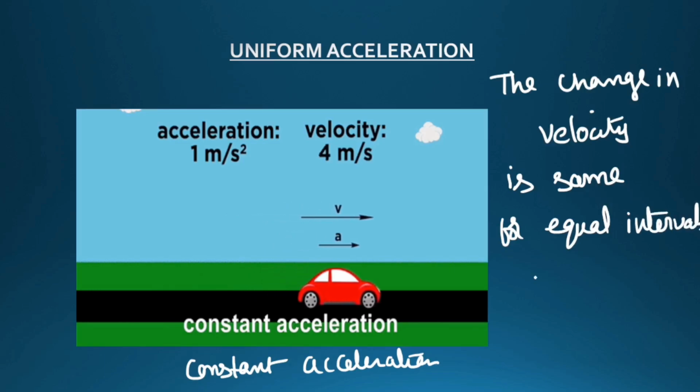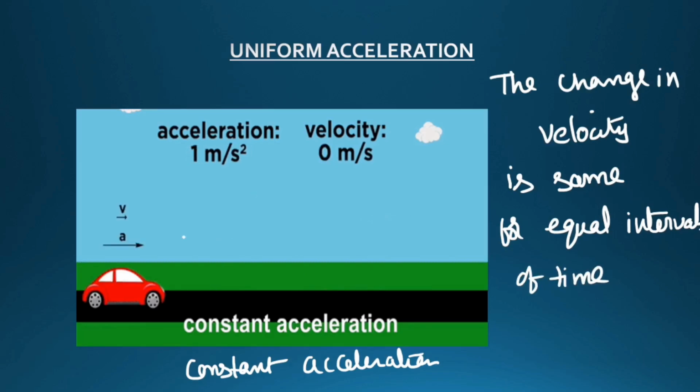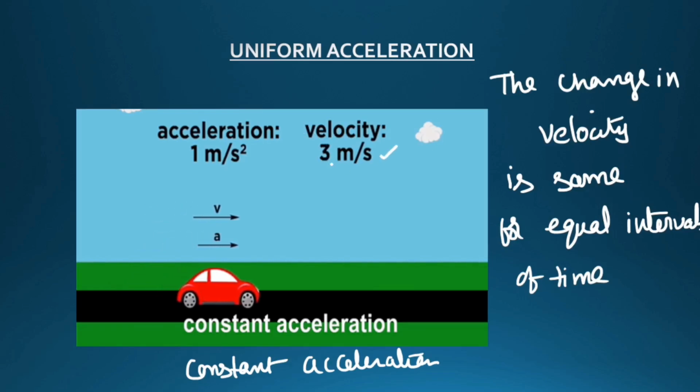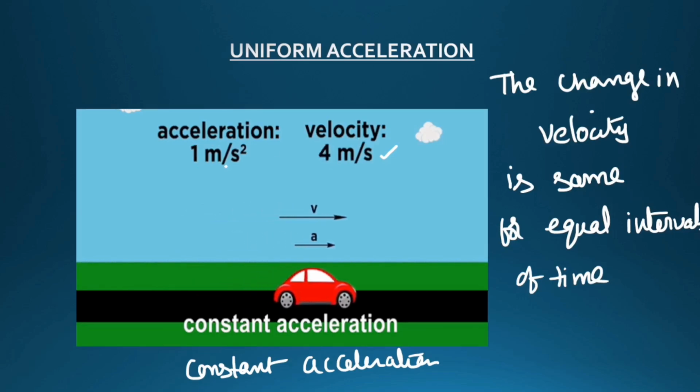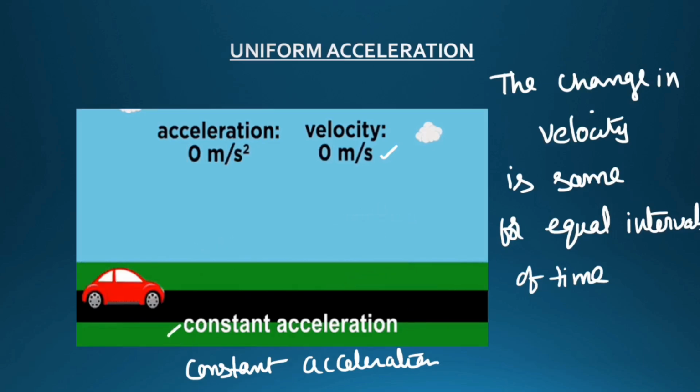For equal intervals of time, we can say the body is moving with constant acceleration. Clearly observe the velocity here. Even though it is changing, the change in velocity is same. The acceleration is 1 meter per second squared. Then we can say the body is moving with constant acceleration or uniform acceleration.